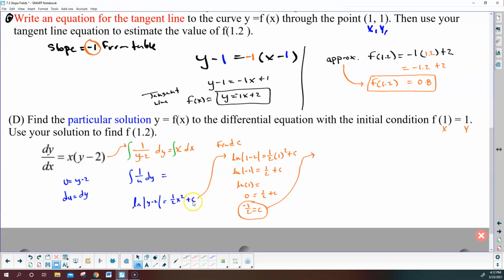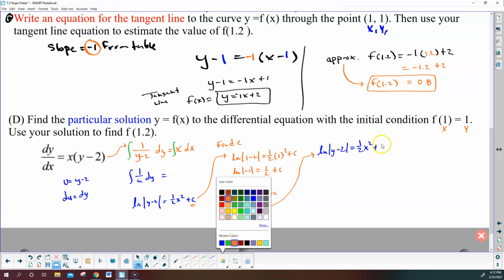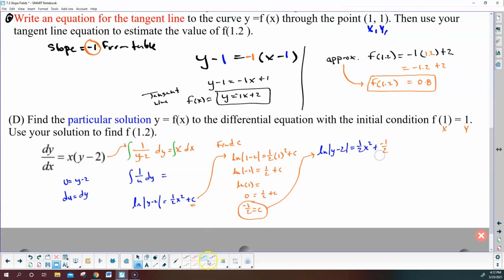Okay. Now, I'm going to take this negative 1/2 and plug it in right here to find the particular solution. Okay, so now this is set up where I have to get y by itself, so I'm going to raise both sides to the power of e.